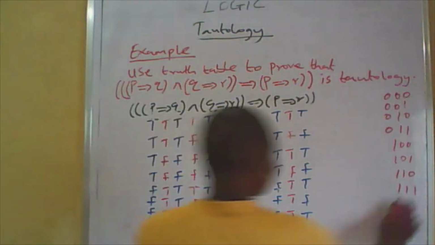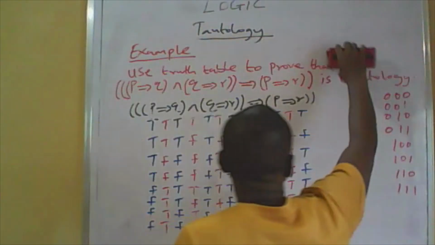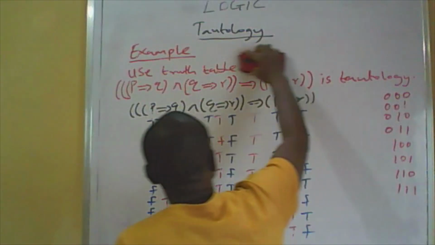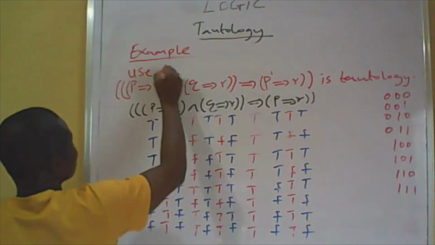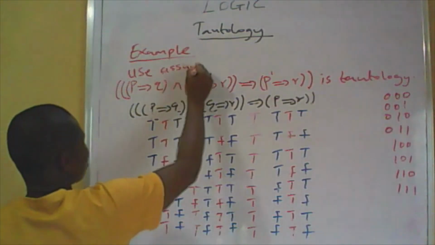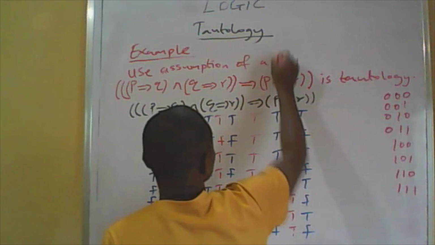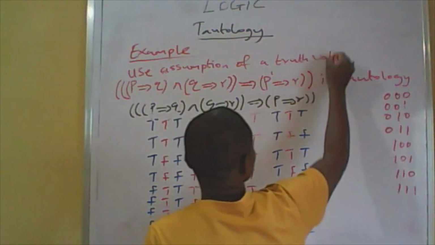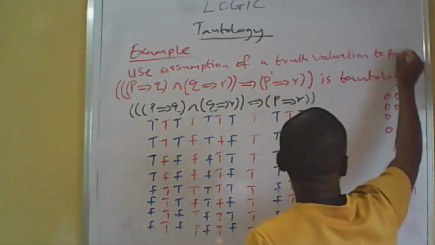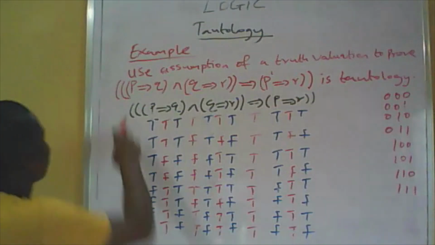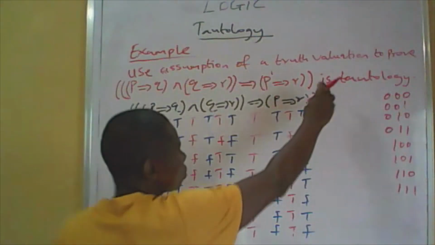Let's use now. We want to use assumption of a truth valuation to prove that P implies Q and Q implies R implies P implies R is tautology.